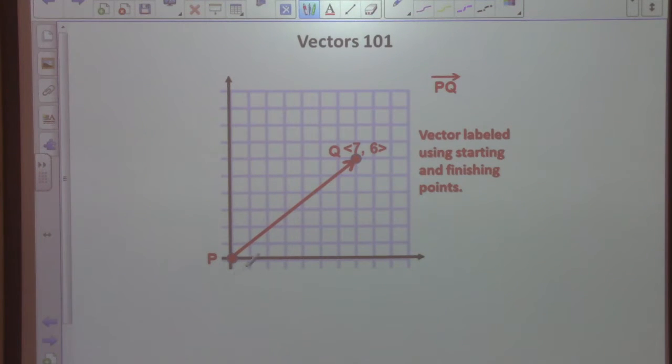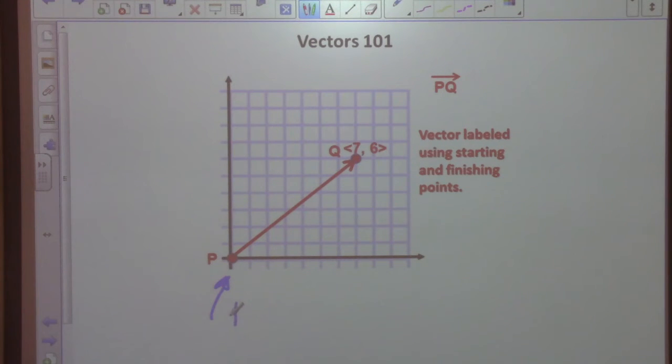Now, a vector can be represented graphically by an arrow, like this red arrow that is connecting 2 points. In this case, the arrow starts at the origin, point P, and goes diagonally all the way up to point Q. Where the arrow ends up is represented by the arrow head.